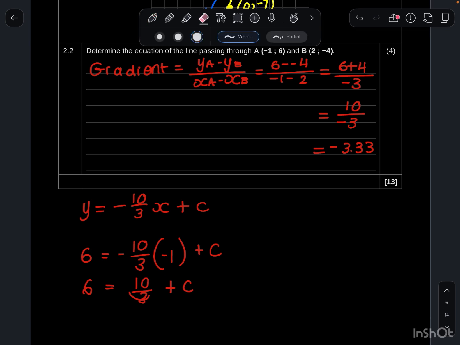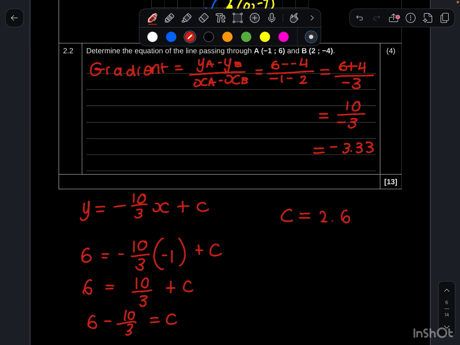If we take this across, it's going to be 6 minus 10 over 3 is equal to c. So c is equal to 2.67.